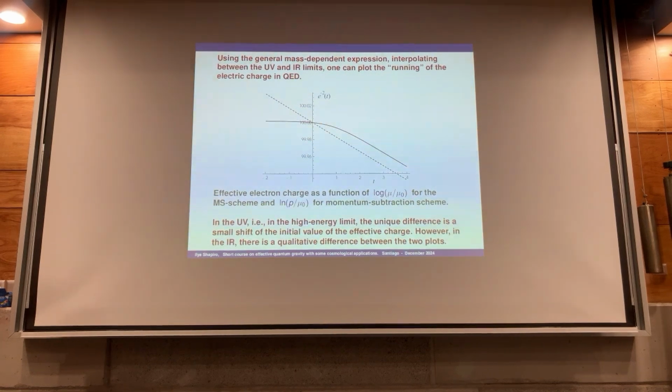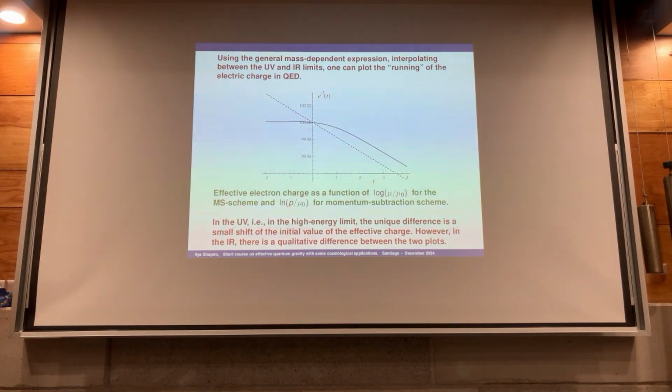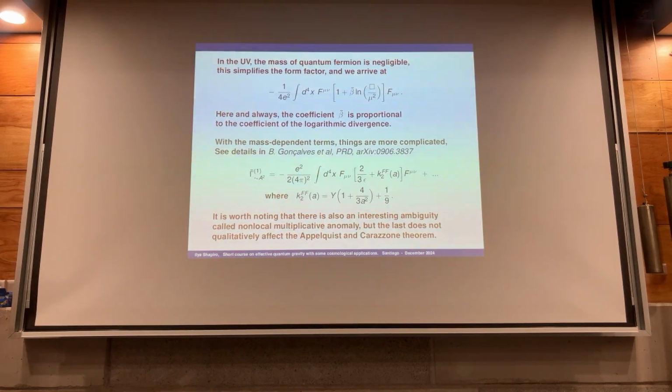Now, what do you mean by running coupling? Let me show you one more thing. This is QED. In principle, if you calculate in the far ultraviolet, the mass of the electron doesn't matter.